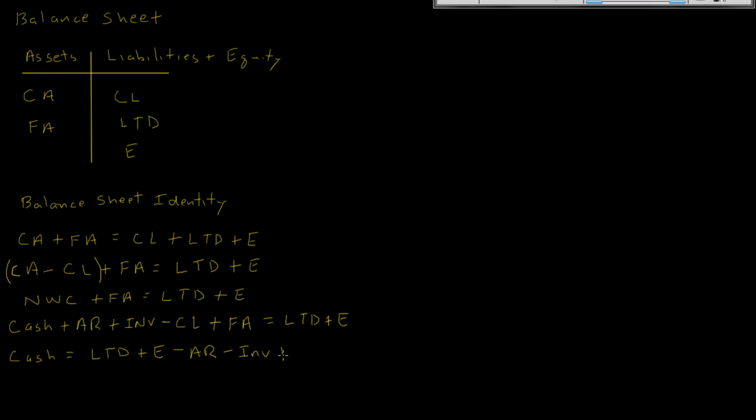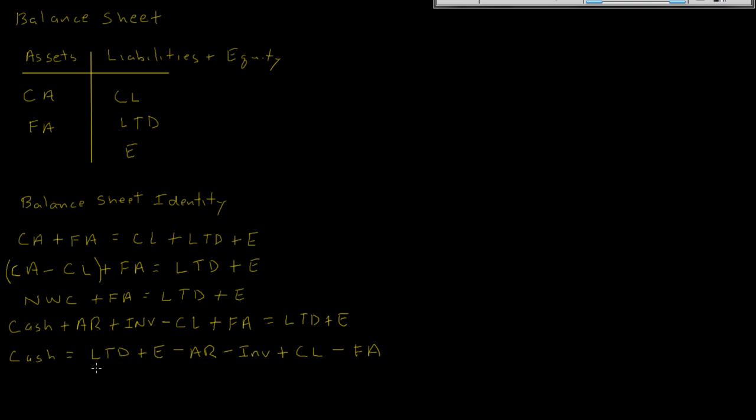We're going to add current liabilities, right? That's negative on this side. And then we're going to subtract fixed assets. So now that we've looked at this, we have an understanding of what affects cash.